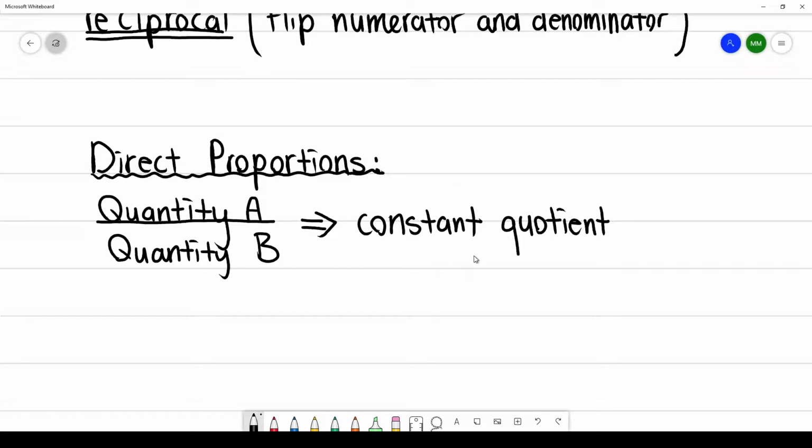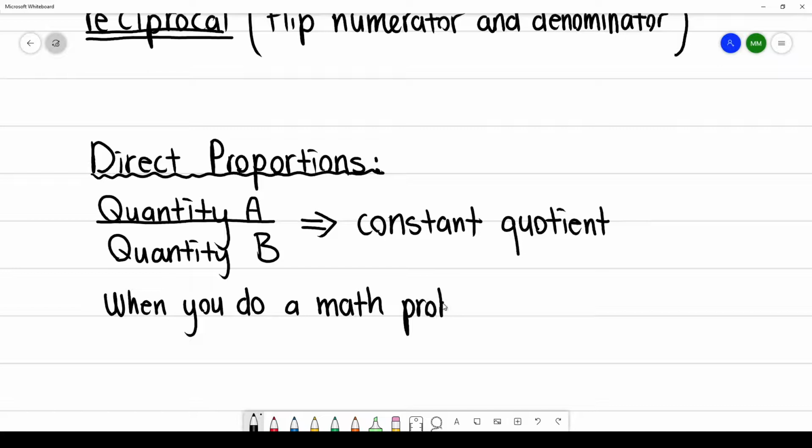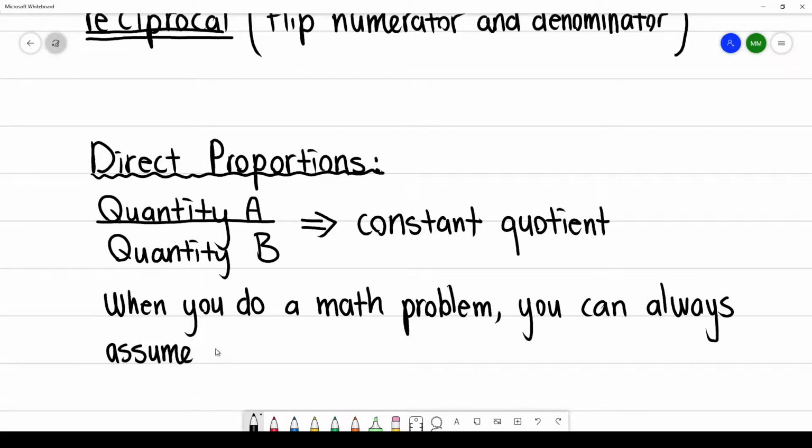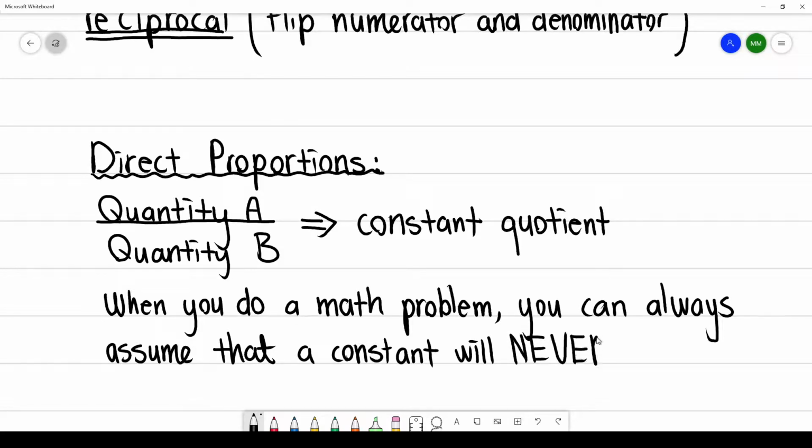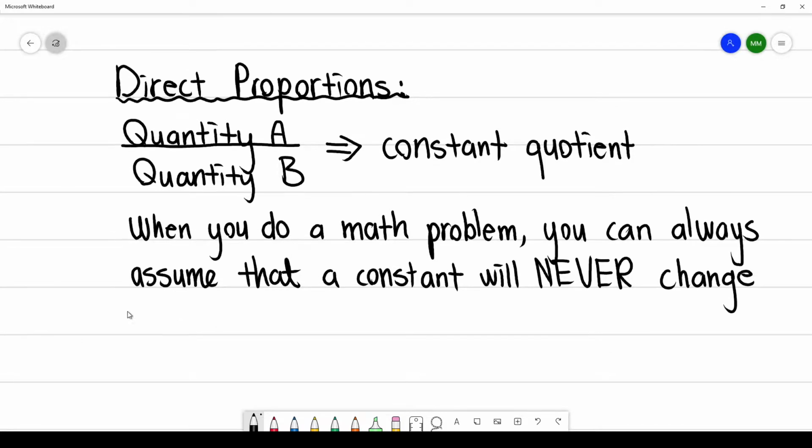So when you do a math problem, you can always assume that a constant will never change throughout that question.